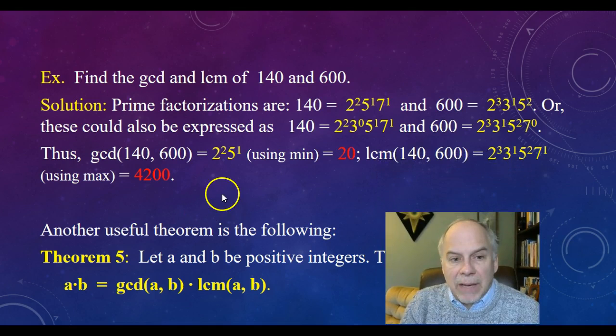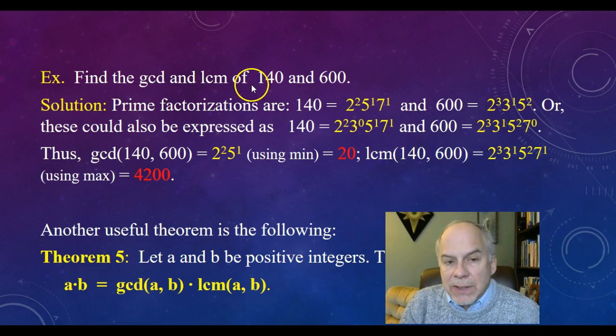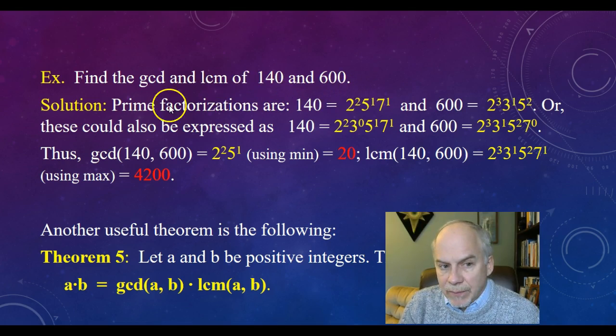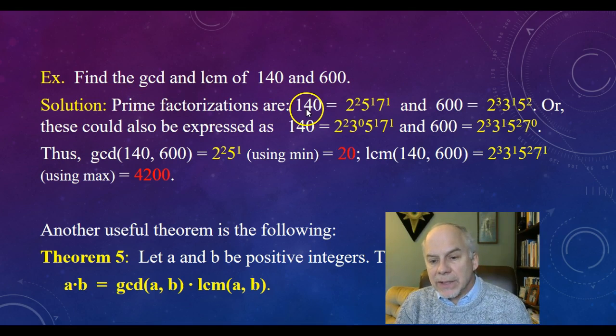So here's another example. Find the GCD and the LCM of 140 and 600. So the prime factorization of 140 is 2 squared, 5 to the first, 7 to the first. The prime factorization of 600 is 2 to the third, 3 to the first, 5 to the second.